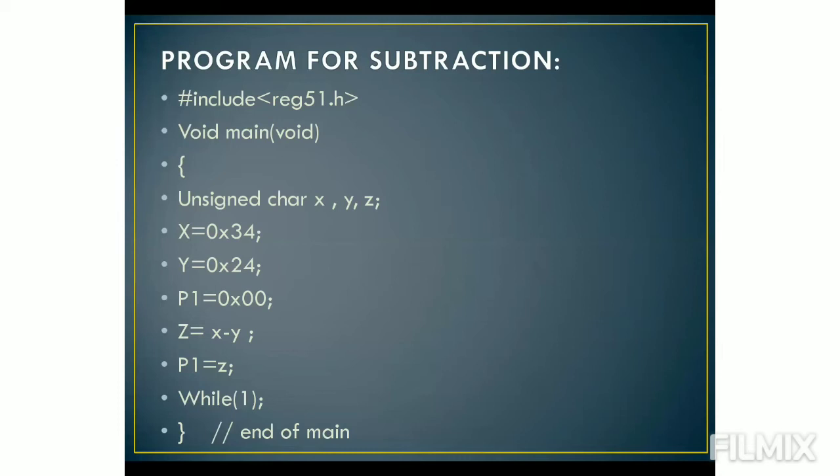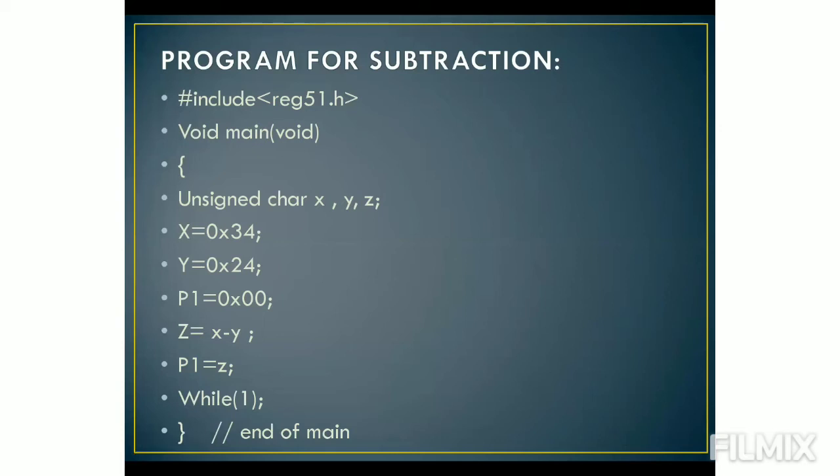Next, we have to use P1 is equal to Z semicolon. So here the data is sent to port P1. Here P1 acts as an output port, means the result is displayed on port P1. While 1 semicolon. Next you have to use closing curly bracket. This indicates end of main.